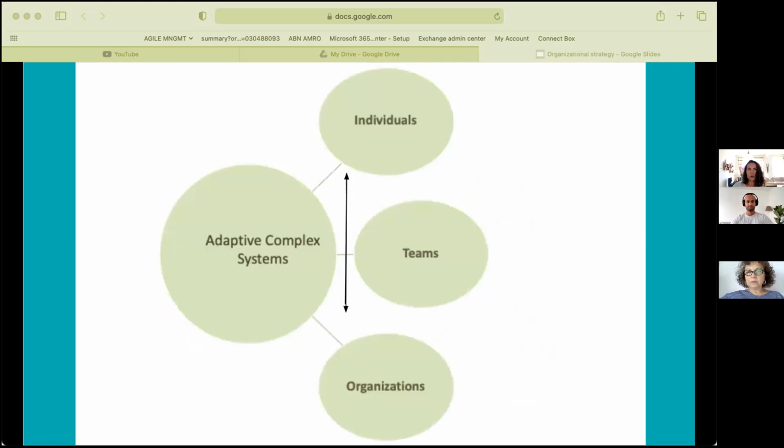But the flow to have engaged employees may not be so easy because we are living in a complex environment. We are living in complex systems. And organizations consist of individuals, teams, and many different functions within the same organization who need to collaborate as effectively as possible.